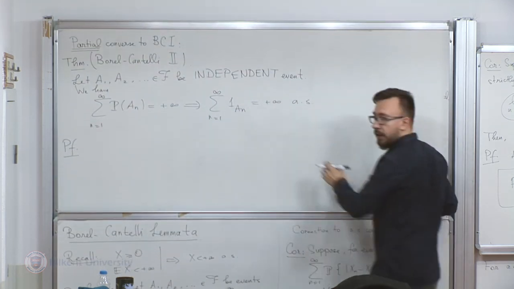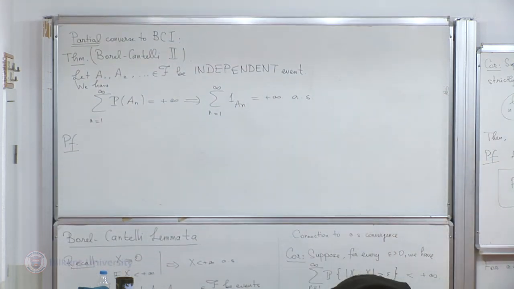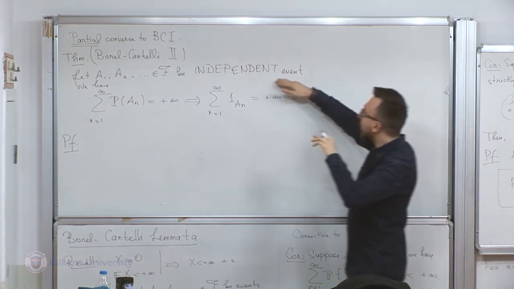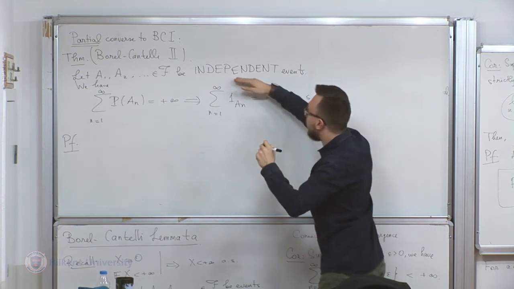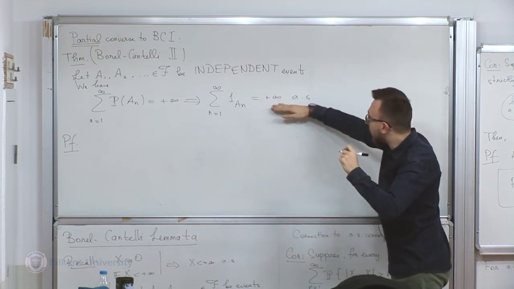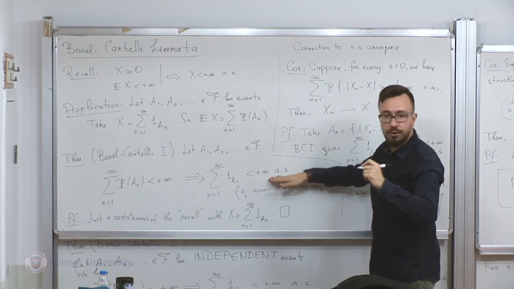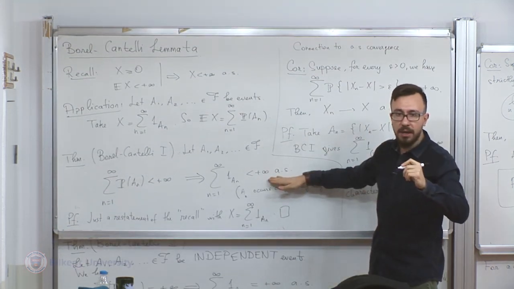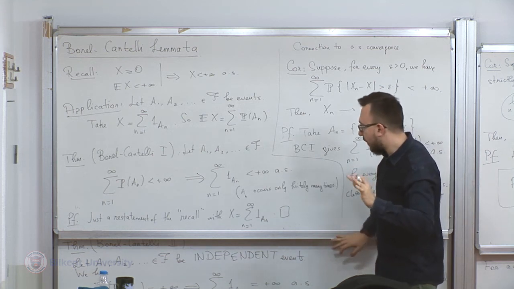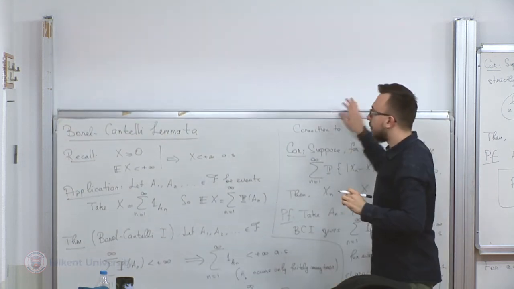Now it is infinite almost surely. So two extremes. There is nothing like it is finite with some probability and infinite with some other probability. It is really a 0-1 type of law. If you have independent events, the sum of indicators is either plus infinity almost surely or finite almost surely. Okay? So it is very extreme.